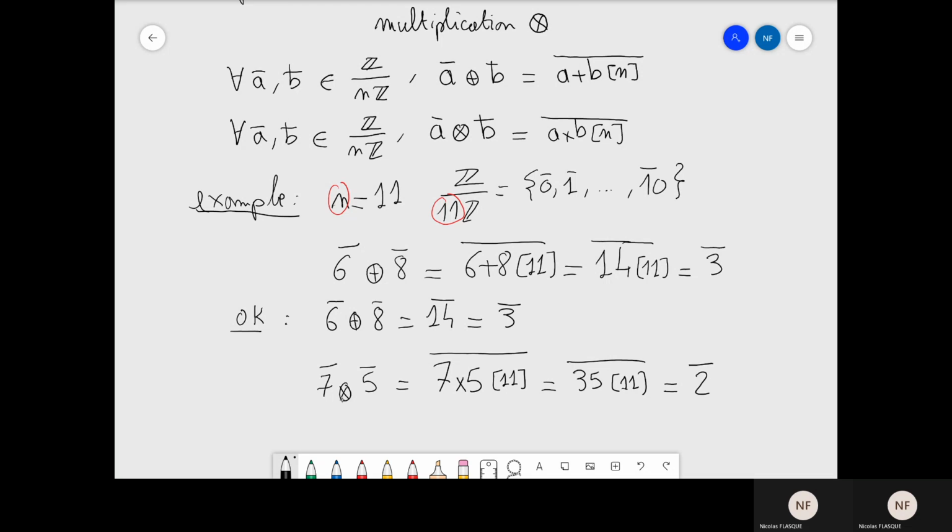So 7 bar times 5 bar is equal to 2 bar in Z over 11Z. If n were different, this calculation would give another result. So always be careful when making calculations in Z over nZ to always use the value of n to end with your results.